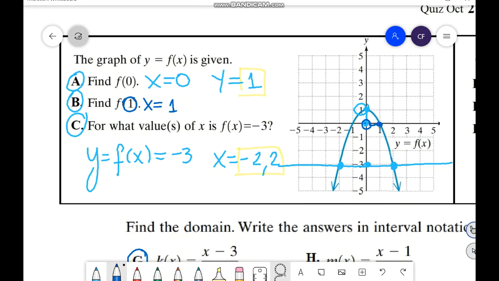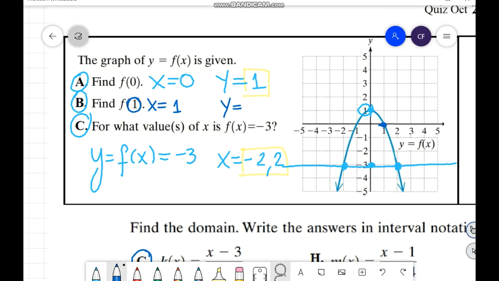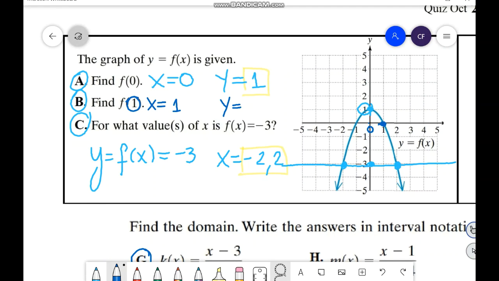It doesn't show up here, but it's 0, right? This is the coordinate of this point, y equals 0. And that's going to be B.